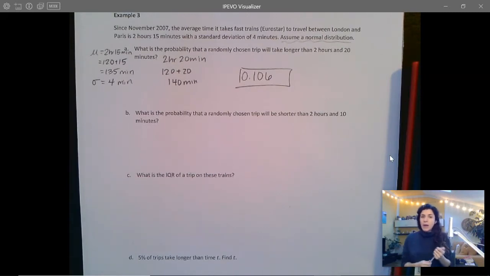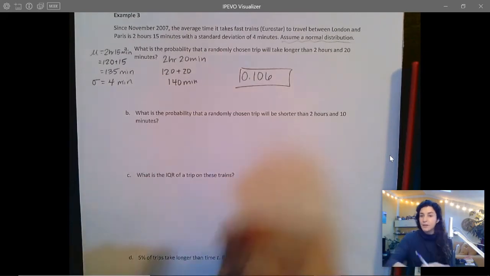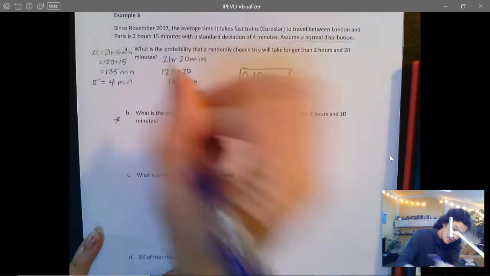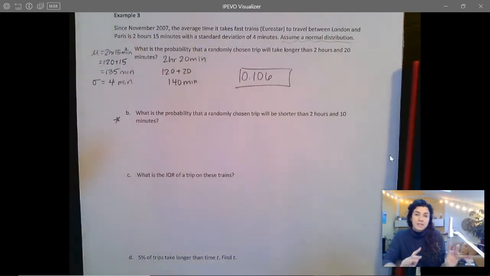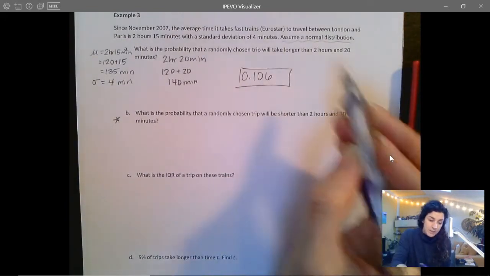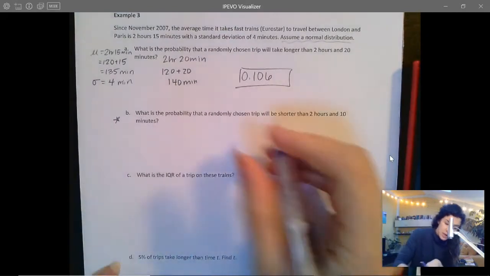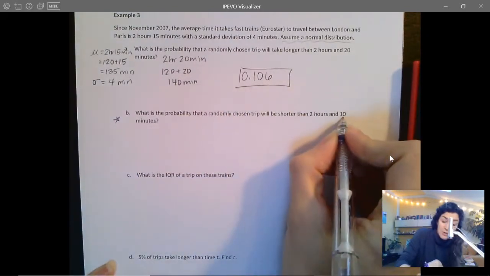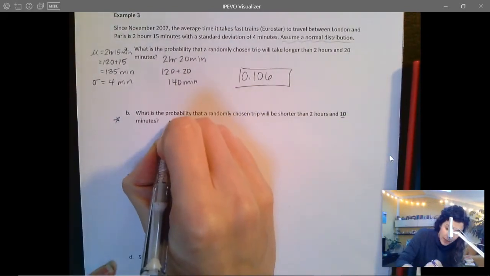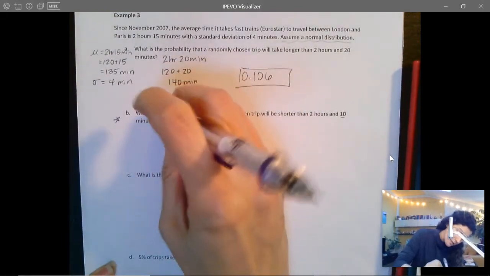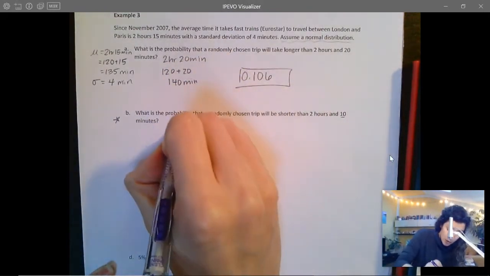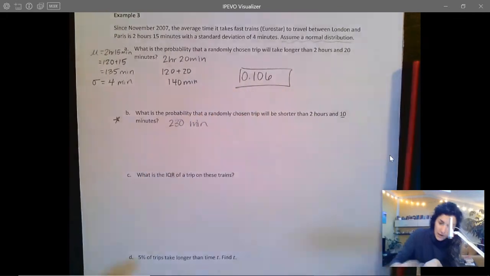Okay, I want you to go ahead and try doing B on your own. B is pretty much a repeat of this, slight change, different numbers, and then also we're told shorter than 2 hours and 10 minutes, which means that we want to plug in 130 minutes into our calculator.